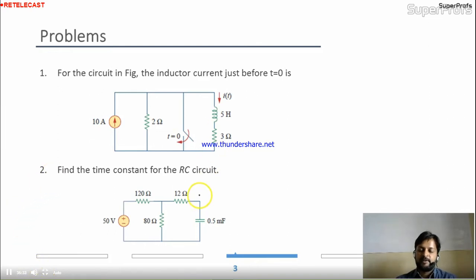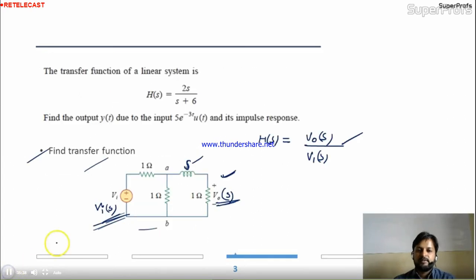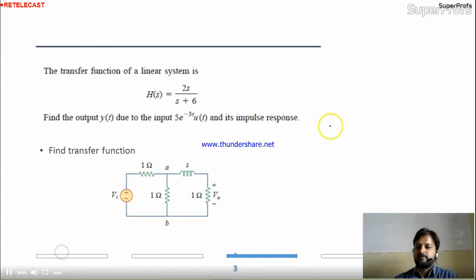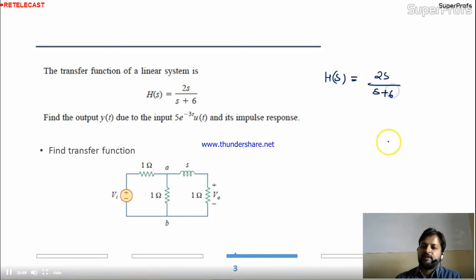Now come to the problem section. So friends, in this transfer function problem, we are having 2 or 3 times single types or single patterns of problem. And the problem was, wait a minute, the transfer function of the system was given H(s) equal to 2s over s plus 6, suppose I'm taking.